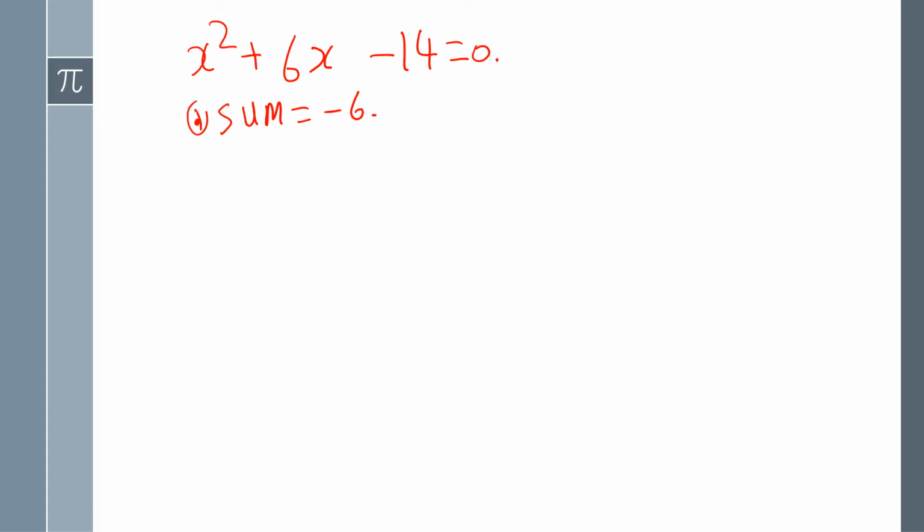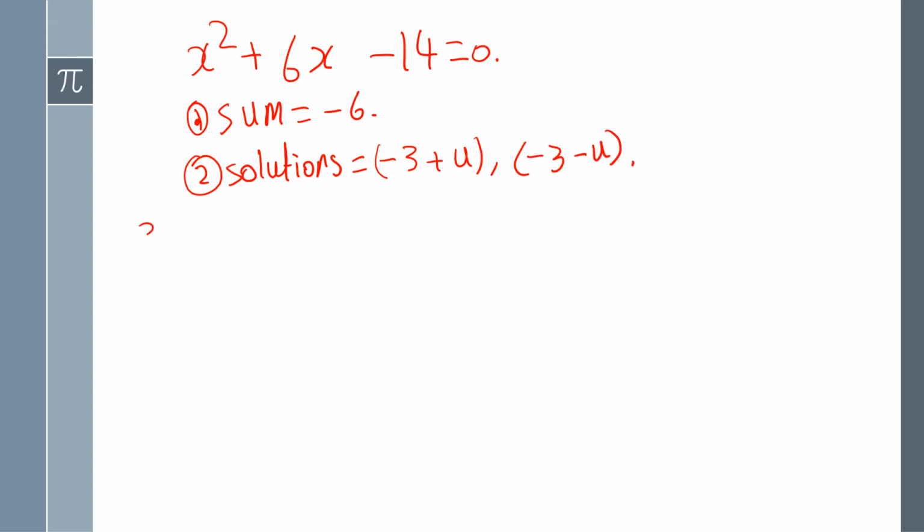I'm going to write number 1. Number 2, you're going to write the solution. This is going to be the half of the sum. Minus 6 divided by 2 is minus 3 plus u. That's what you're going to do. And the second solution is minus 3 minus u.